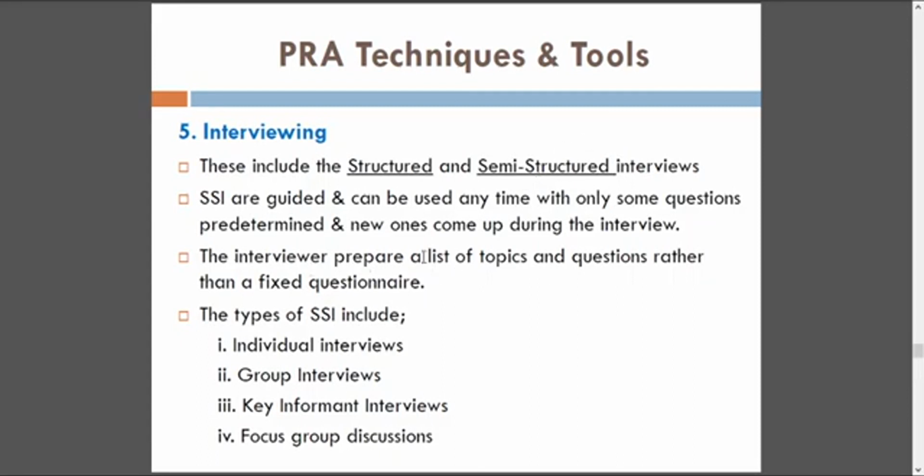So the interviewer prepares a list of topics and questions rather than a fixed questionnaire when we are using the semi-structured interviews. And these are preferred more especially if we want to get perceptions of the community about given situations and issues. The types of semi-structured interviews include individual interviews, group interviews, key informant interviews, and then the focus group discussions.